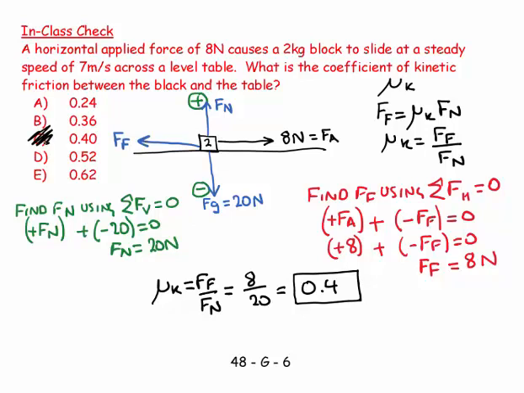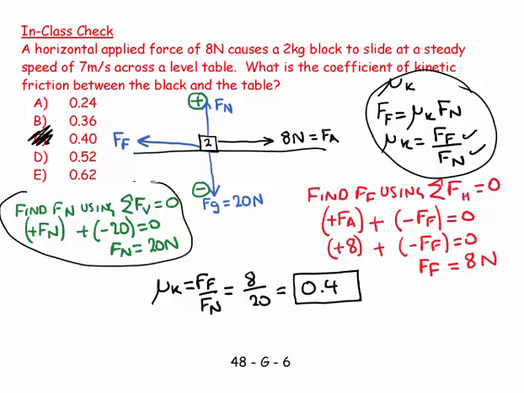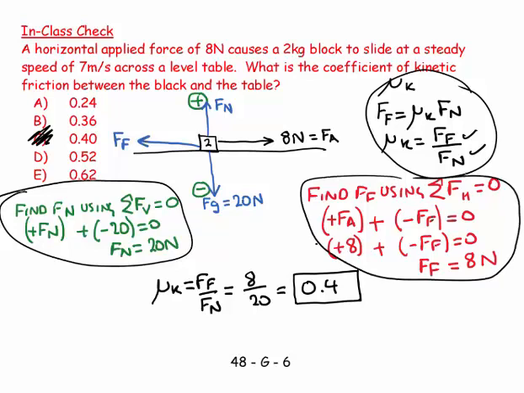I used a good diagram. I tried to solve in one step, and I realized I need to find these two things to solve it. Then I figured out how to solve Fn, and how to solve Ff, and then I substituted my answers back in.